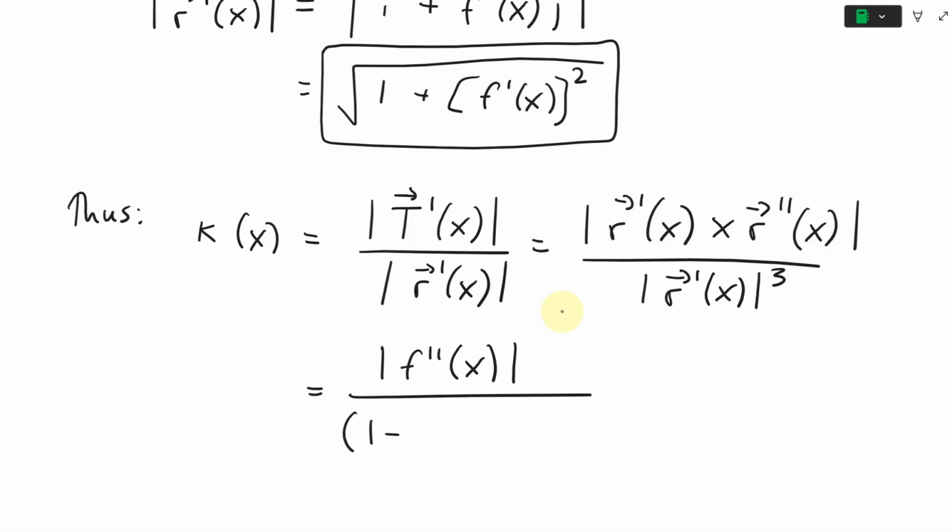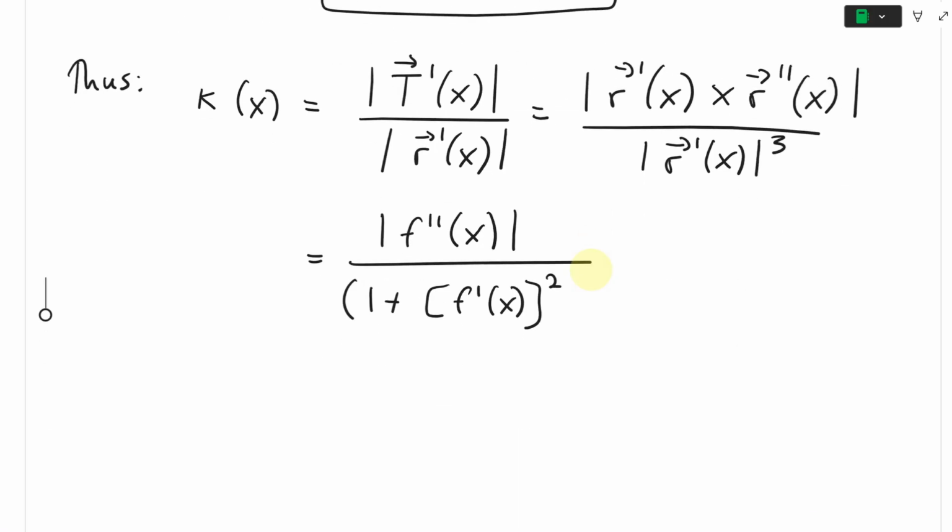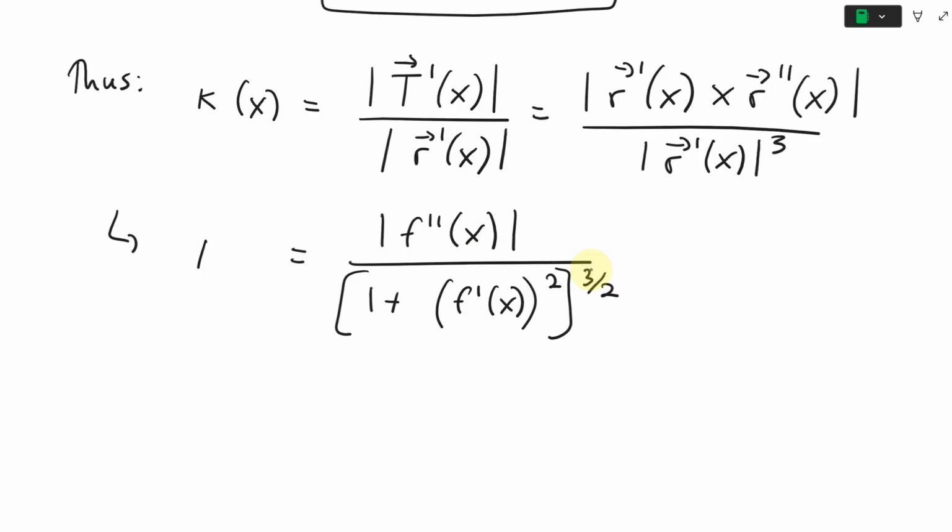So we get 1 plus f prime of x squared, with the whole thing to the power of 3 over 2. So there it is, that's our curvature. That is our curvature formula. This is curvature for the special case, the kappa, like that.